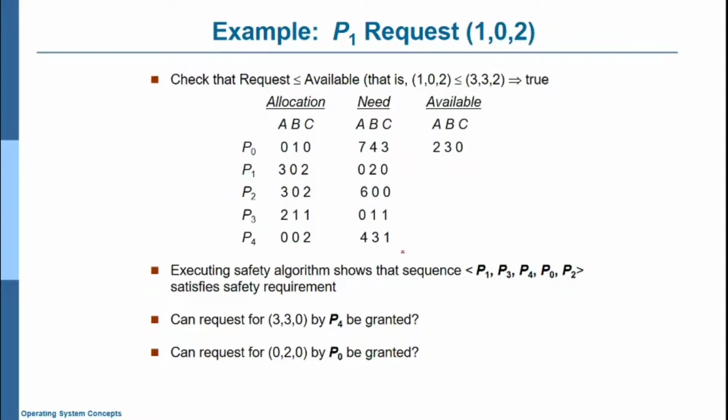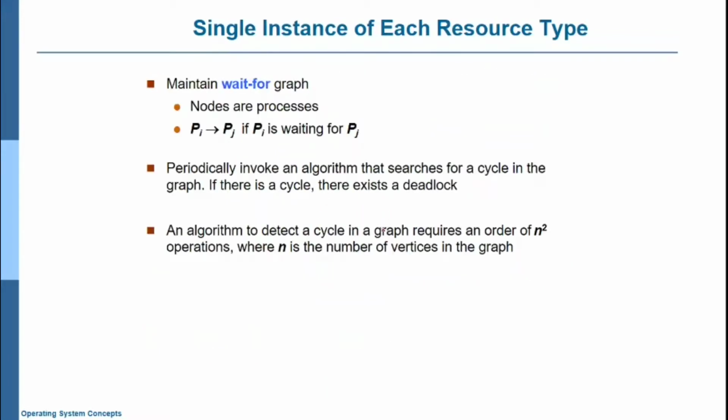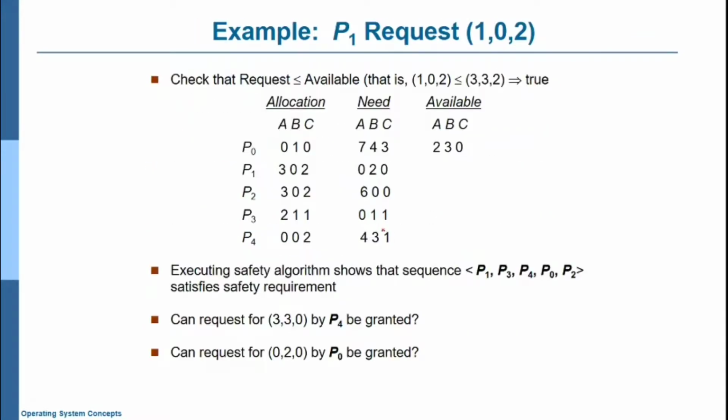For the given problem, whenever the resources are allocated to a particular process, 0 1 0 is allocated and executed, and this is the safe state we got: P1, P3, P4, P0, P2.